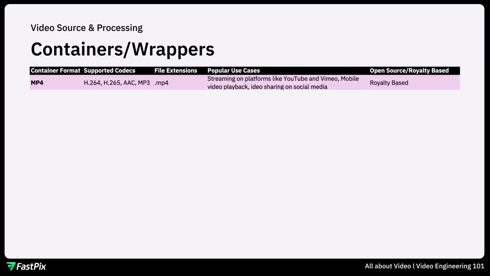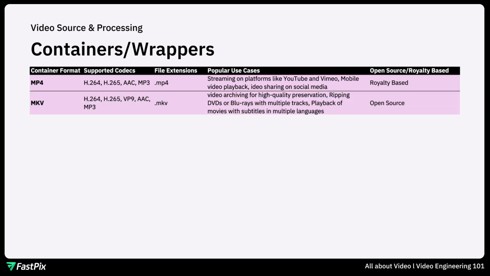MP4 supports H.264, H.265, AAC codecs, common for streaming on platforms like YouTube and Vimeo, social media sharing, and mobile playback. Files usually end in .mp4. MKV, often used for high-definition video and storage, supporting multiple tracks and subtitles.